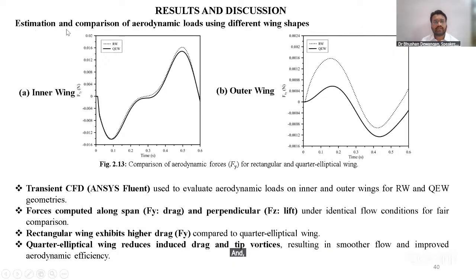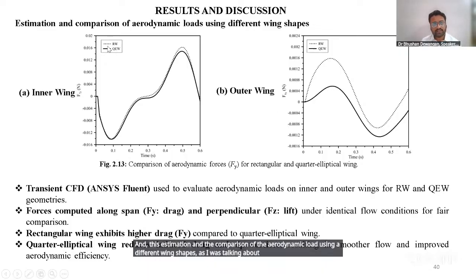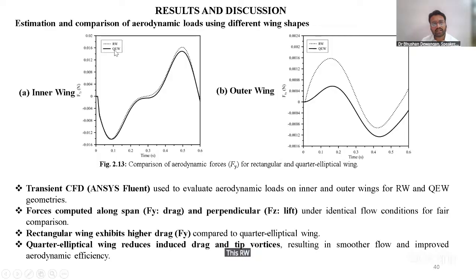This is the estimation and comparison of the aerodynamic load using different wing shapes, as I was talking about. RW is the rectangular wing, and QEW is the quarter elliptical wing. Here you can see that your aerodynamic force, meaning drag, is very low in the quarter elliptical wing.